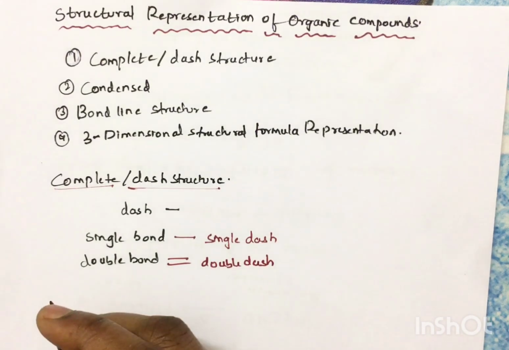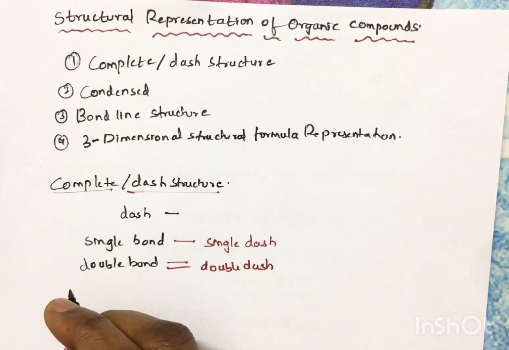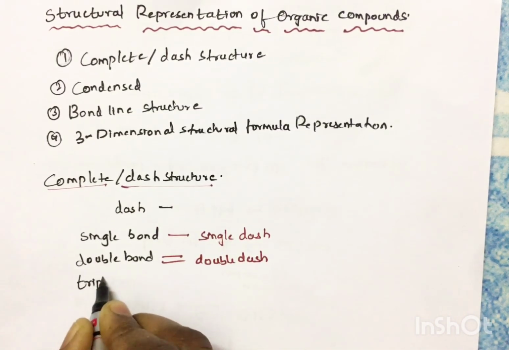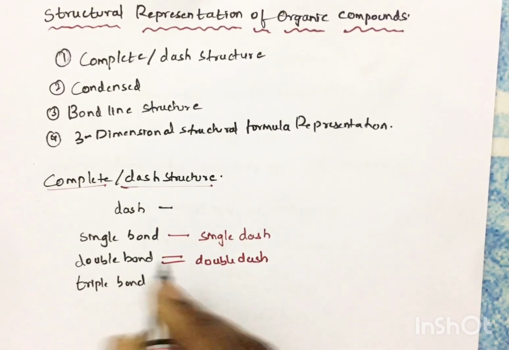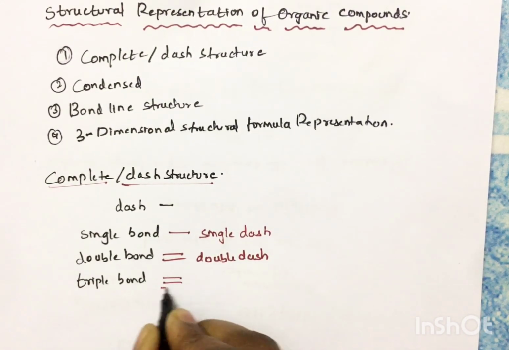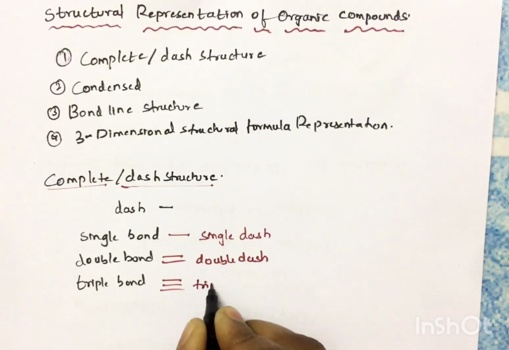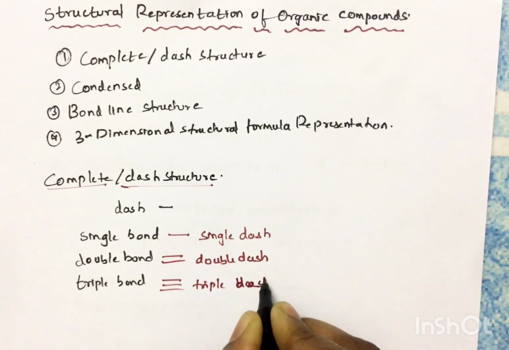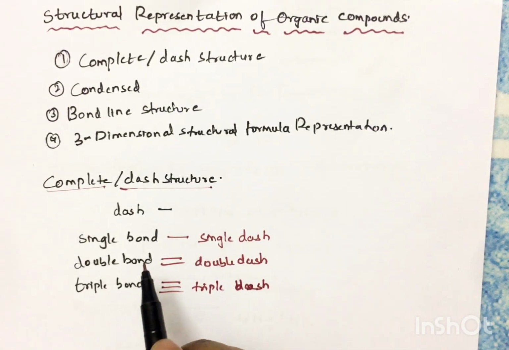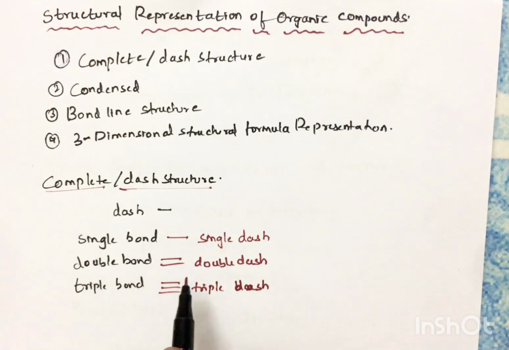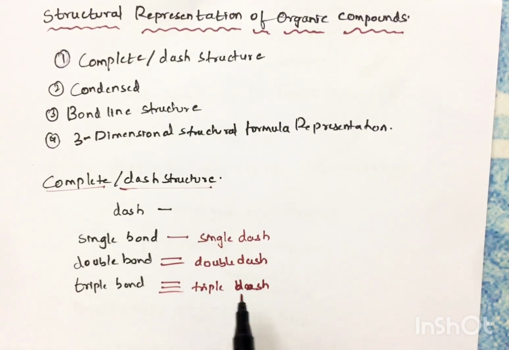If a triple bond is present between the atoms, it is represented by a triple dash. So single bond, single dash; double bond, double dash; and triple bond, triple dash.